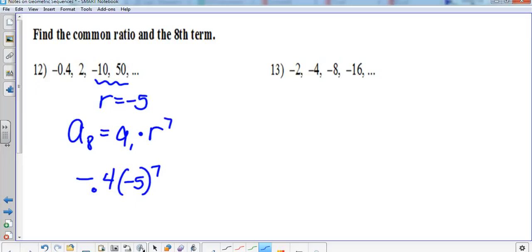Is it 31,250? Yeah. A sub 8 equals 31,250. Did you put 0.4 or 4? Oh, I did 0.04. Oh, yeah, it's 0.4, you're right, but it's not 0.04. Yeah, it's easy to do.